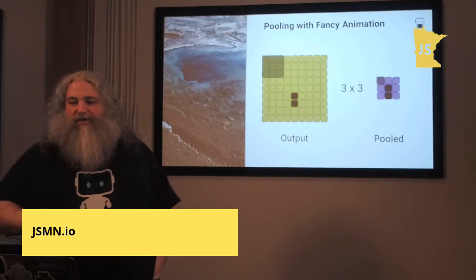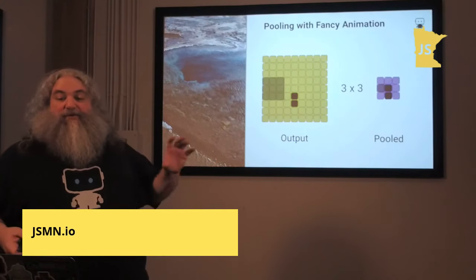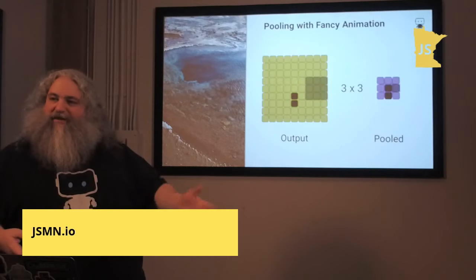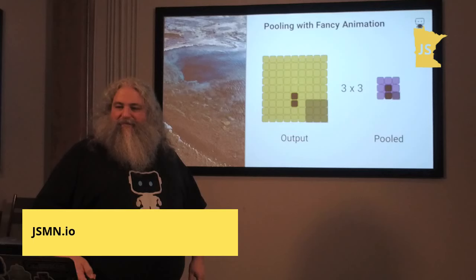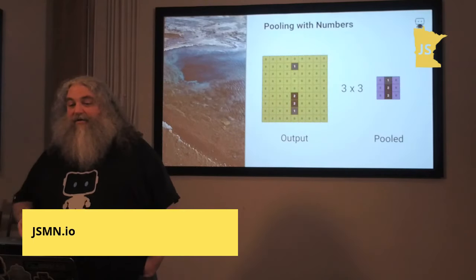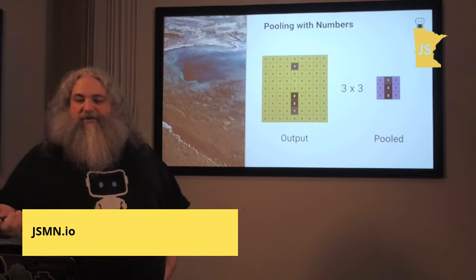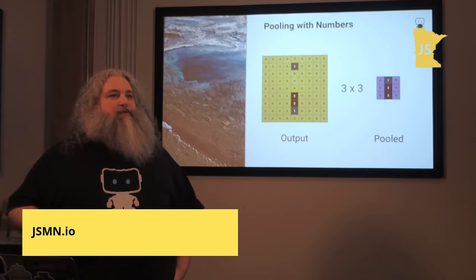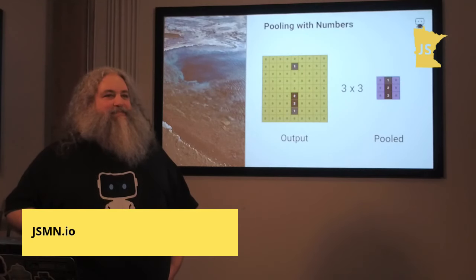And so pooling, here it is with fancy animation. Again, we're panning and scanning, doing each chunk, and just saying, hey, is there a thing there or not? And again, we're actually using numbers. So with pooling, we're looking at the top left 3 by 3 and saying, what's the biggest number here?